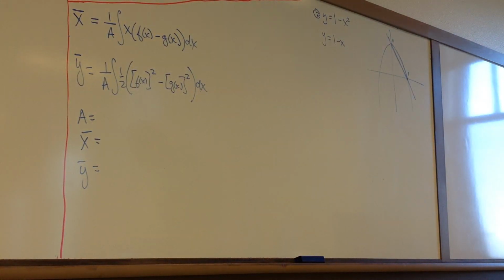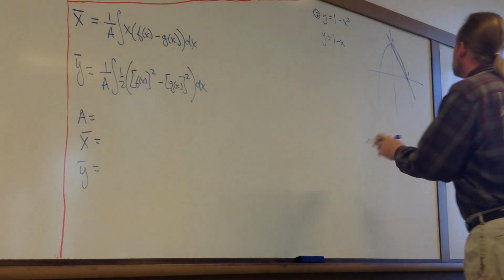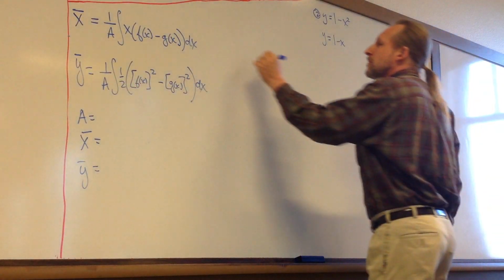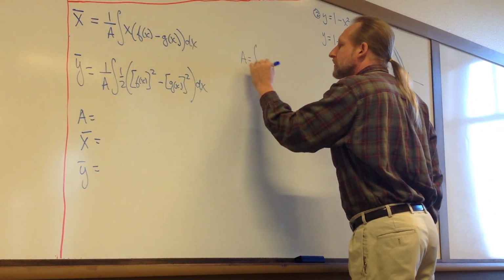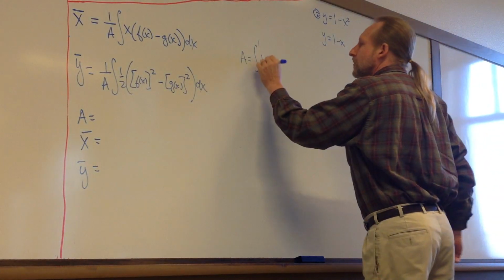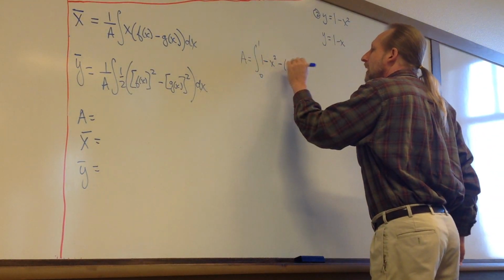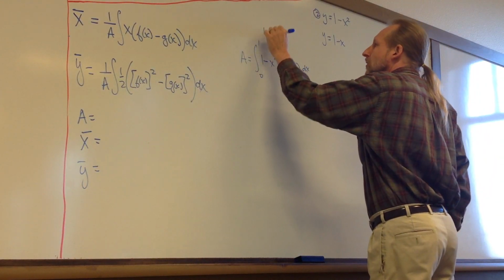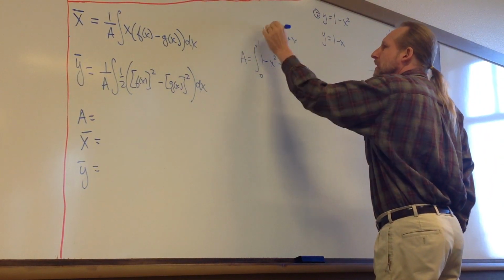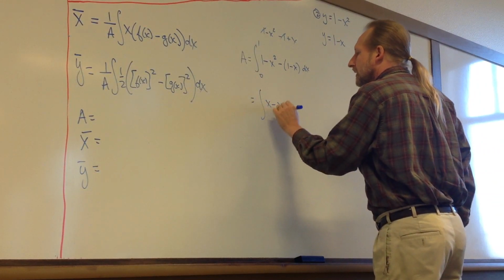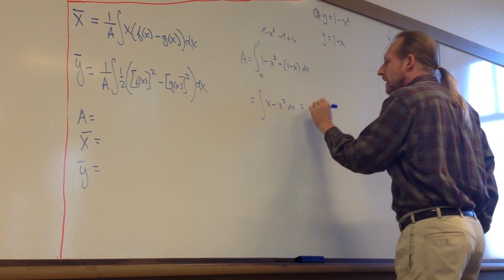Okay, so first off, let's find the area for this region inside there. So that's going to be the integral from 0 to 1. What's on top is the parabola, and then underneath it is the linear piece, minus 1 plus x. So those cancel each other out, and this is the integral of x minus x squared.